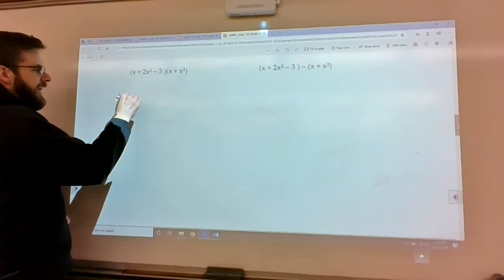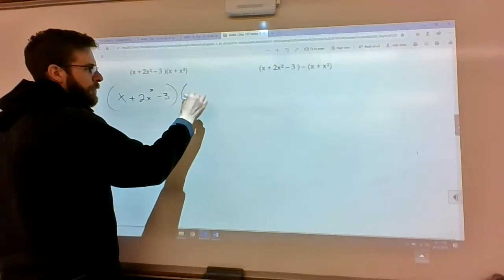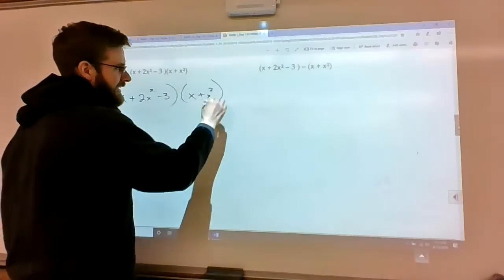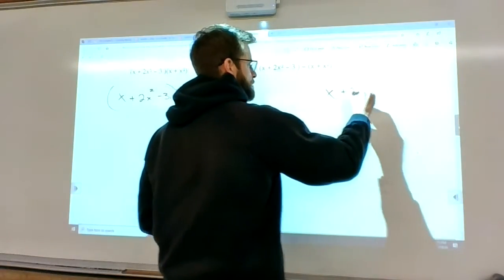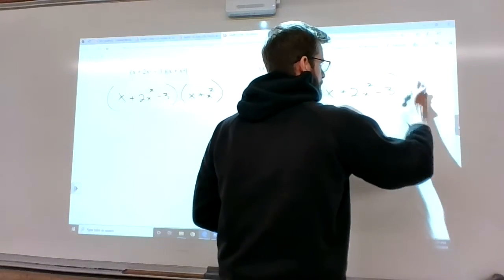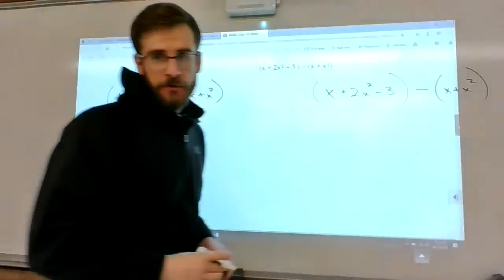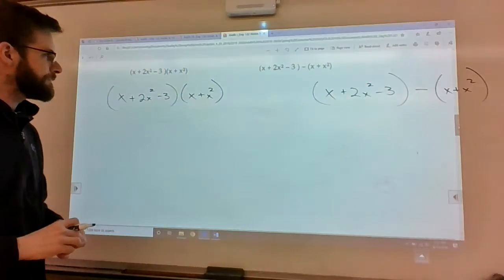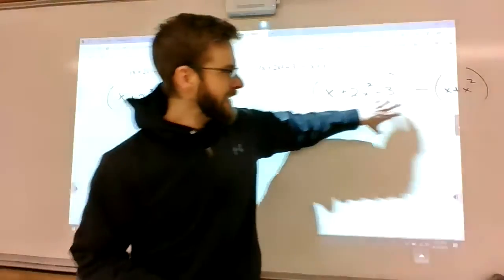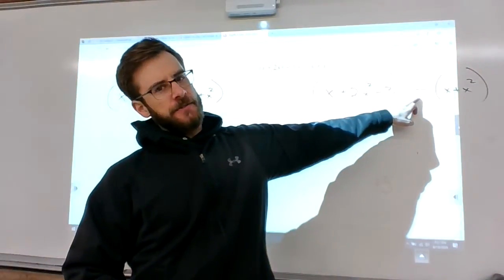So let's say we have two things that almost look exactly alike. Almost. This one has identical polynomials separated by a minus.